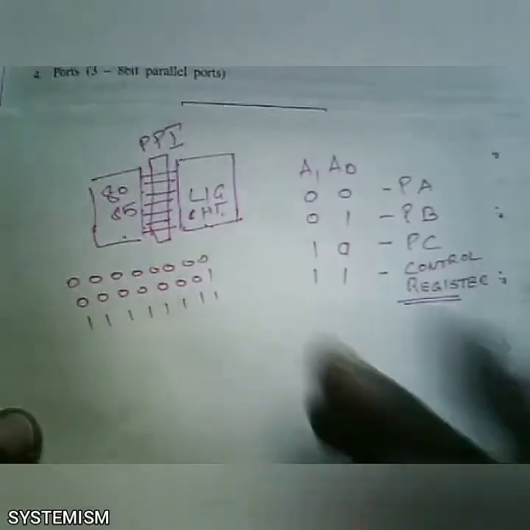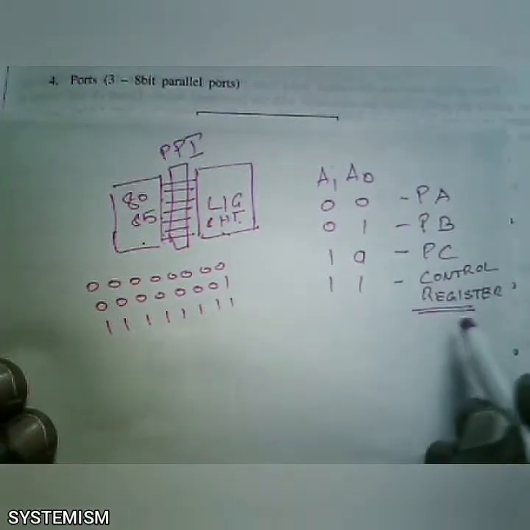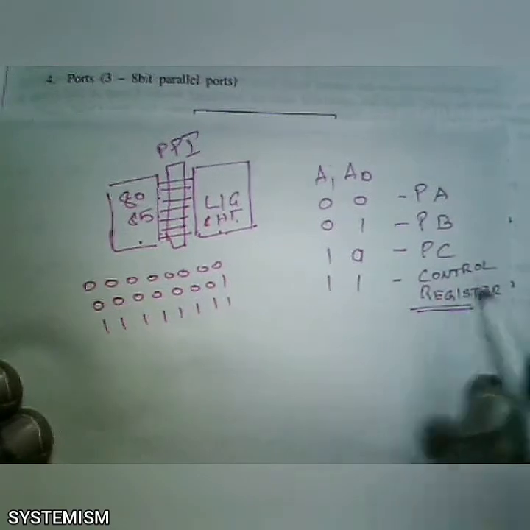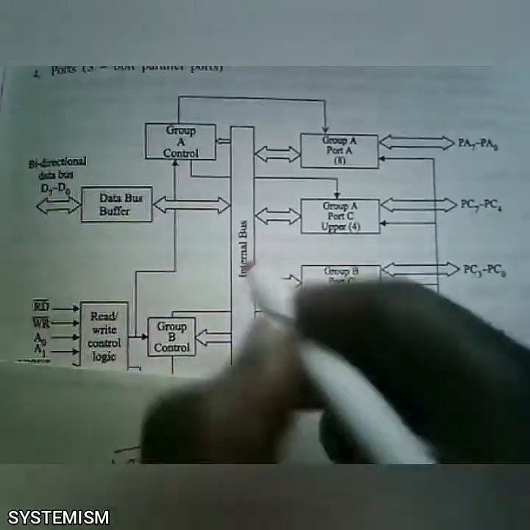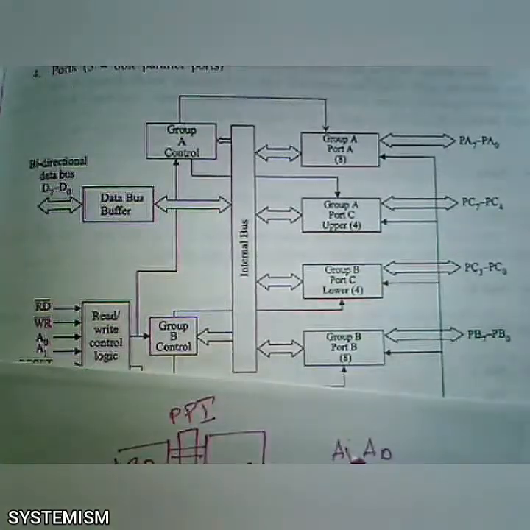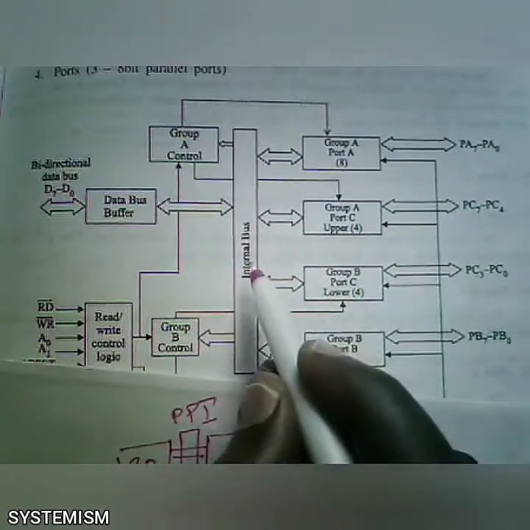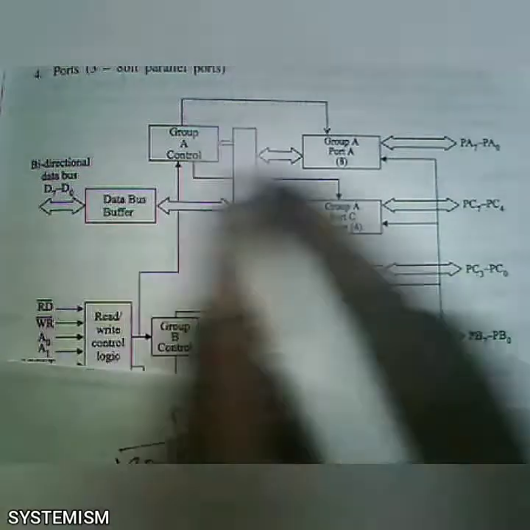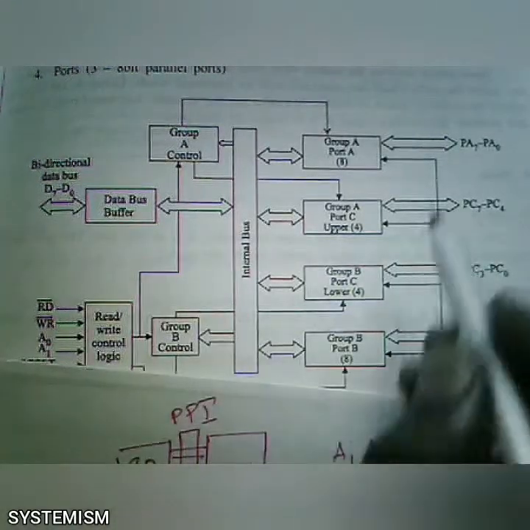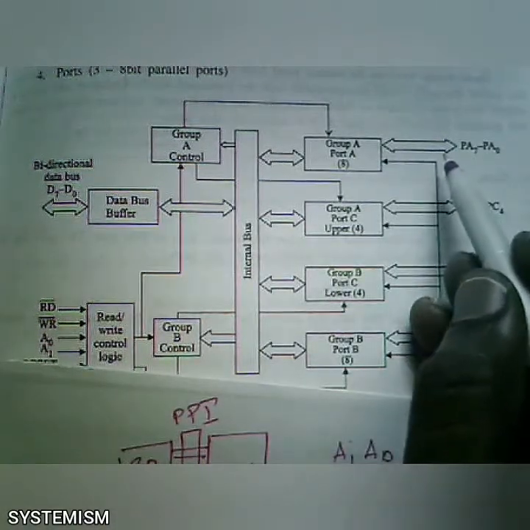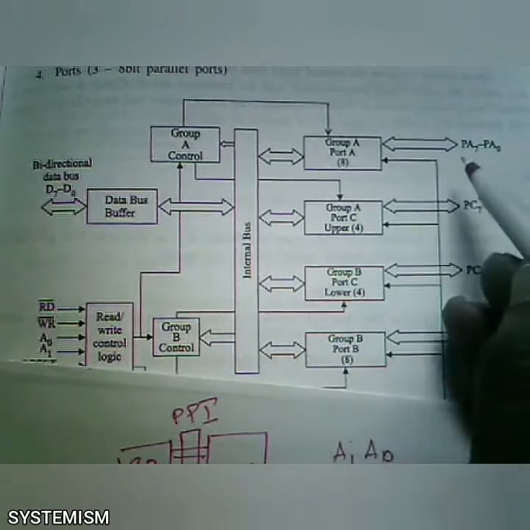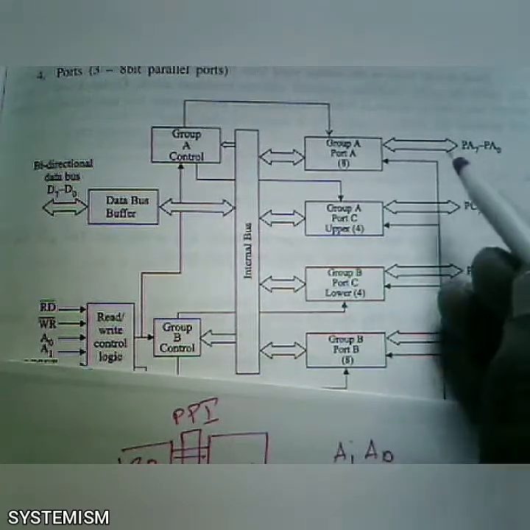For this we need the control register. The control register is a register inside the 8255. By means of it you can say in which mode the 8255 has to operate, and you can also specify, initialize, whether a port is an input port or output port.